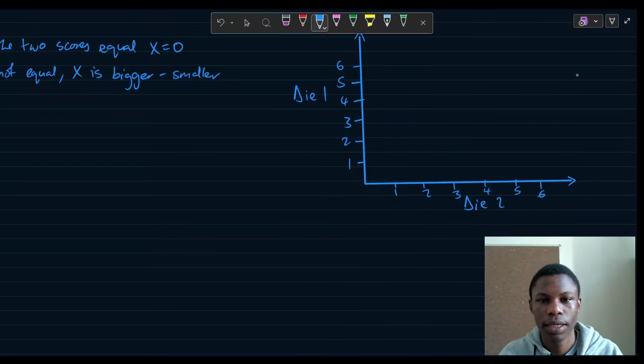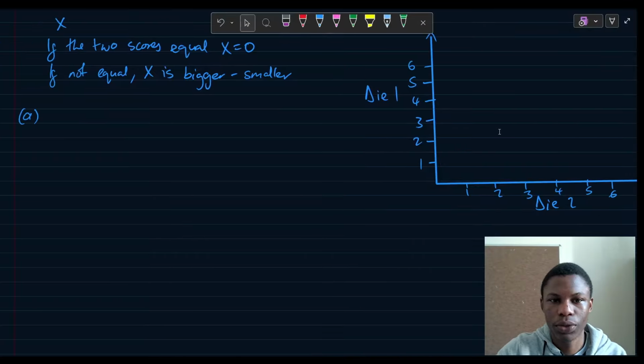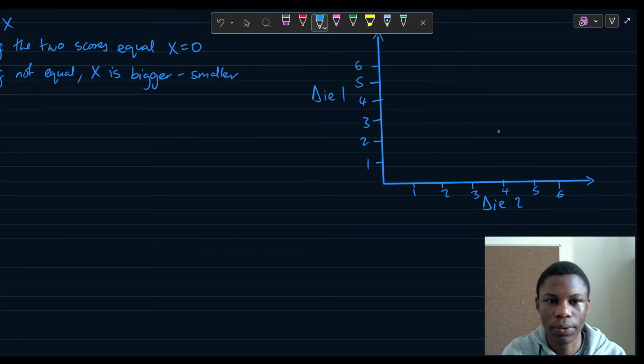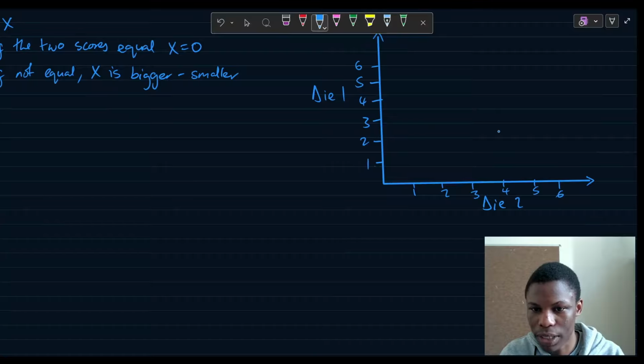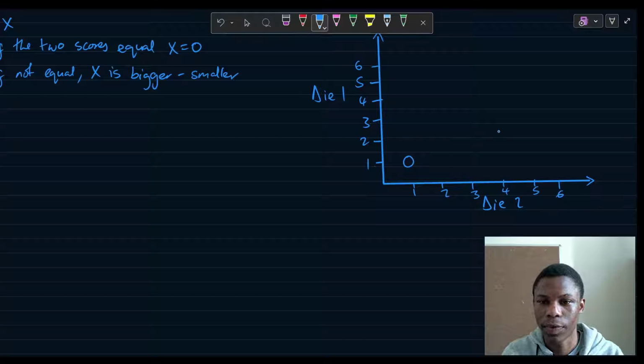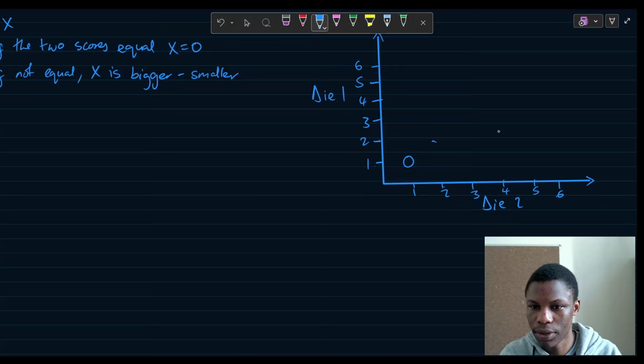Okay. So we're told that if the two scores are equal, then x has to be 0. So if die 1 shows a 1 and the other die shows a 1, then x has to be 0. And we can do that for when die 1 shows a 2 and die 2 shows a 2, that's going to be 0 as well. When die 1 shows a 3 and die 2 shows a 3, that's 0 as well.